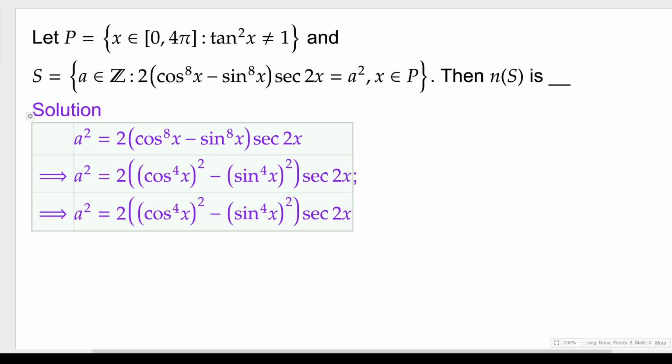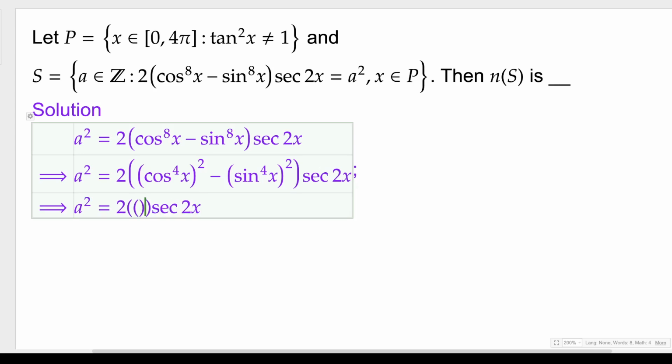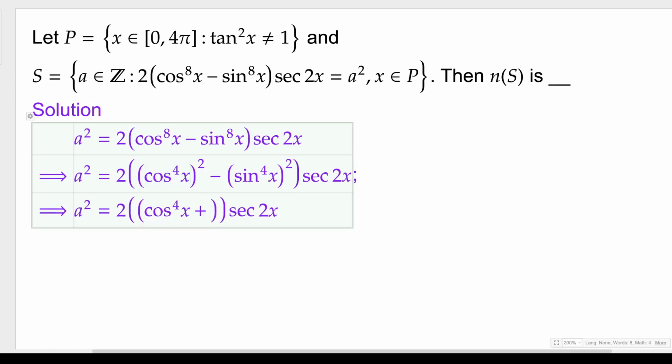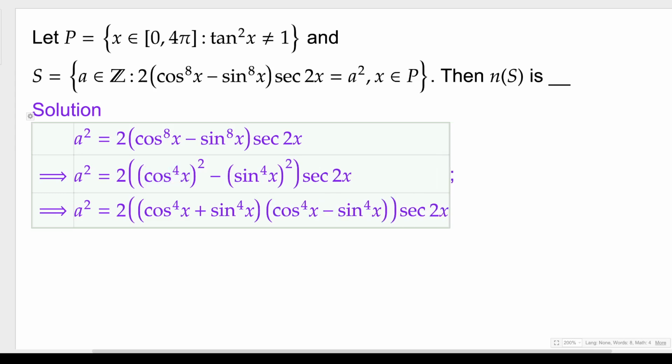Now here this is in the form of a square minus b square, so that is nothing but a plus b times a minus b. So here a plus b times a minus b, that is cos x power 4 plus sin x power 4, and this part, cos x power 4 minus sin x power 4.